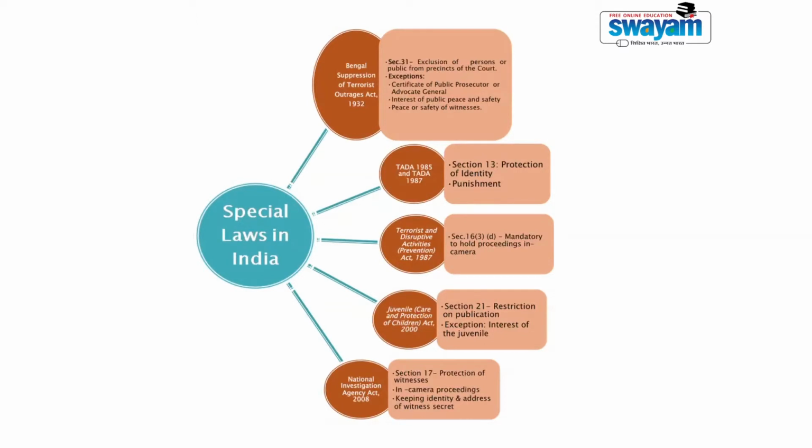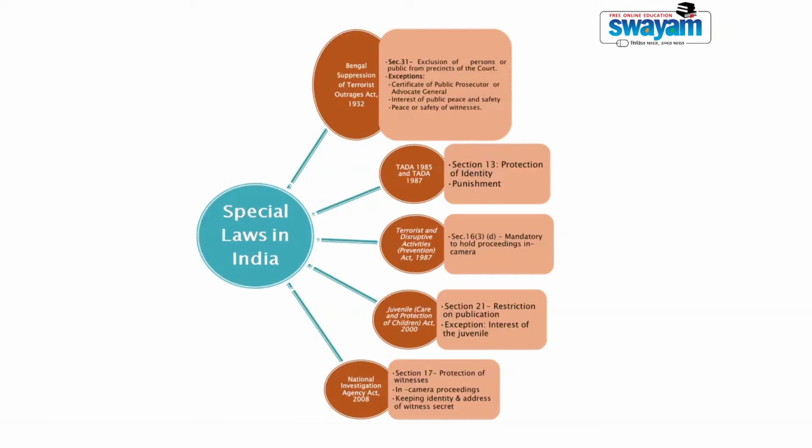There the protection of identity has been prescribed, and the identity of the witnesses giving evidence to the honorable court will not be disclosed, and if any identity, address or testimony of the witnesses is disclosed or published, they will be punished. This is the protection given under this particular act.